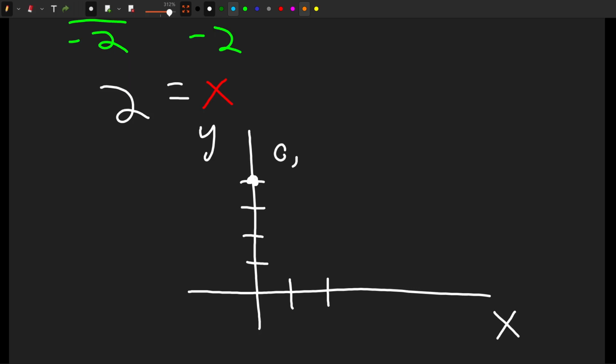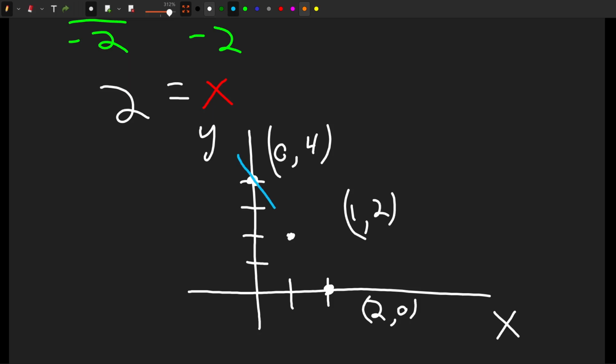That is 0, 4. And then my x-intercept is at 2, 0, which is way down here. And then if I pick a point in between, it was at 1, 2, which is right about here. Okay, now I just need to draw a line between these three dots. There we go.